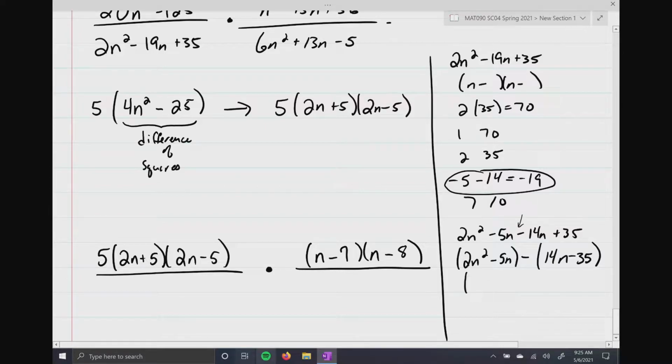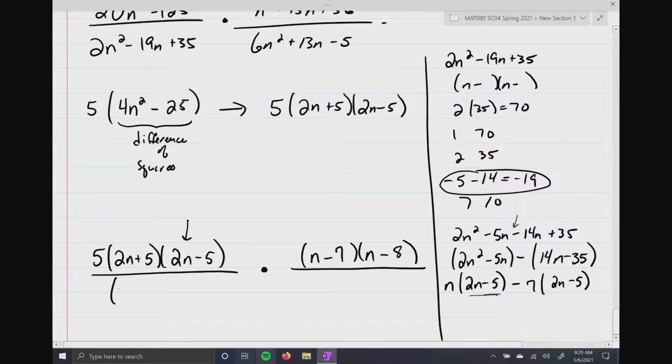I can factor out an n from the first grouping and a 7 from the second grouping. So what's that going to be? 2n minus 5. You can already see the 2n minus 5, which is what I'm pointing to right there. You know that's going to reduce, and that's going to help us out tremendously. So I'm going to write n minus 7 and 2n minus 5.